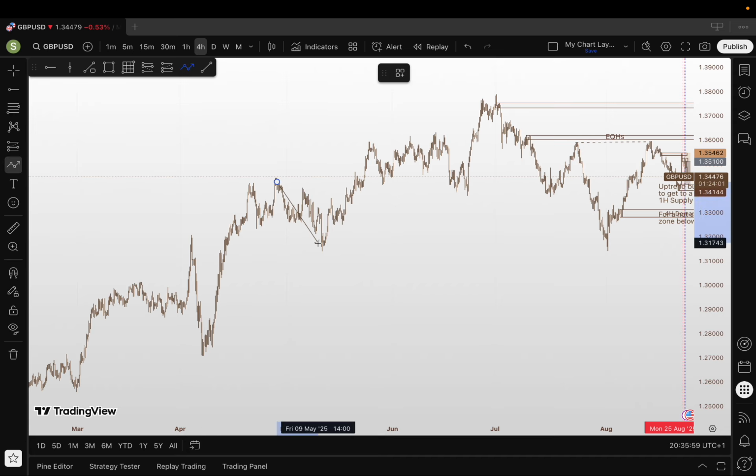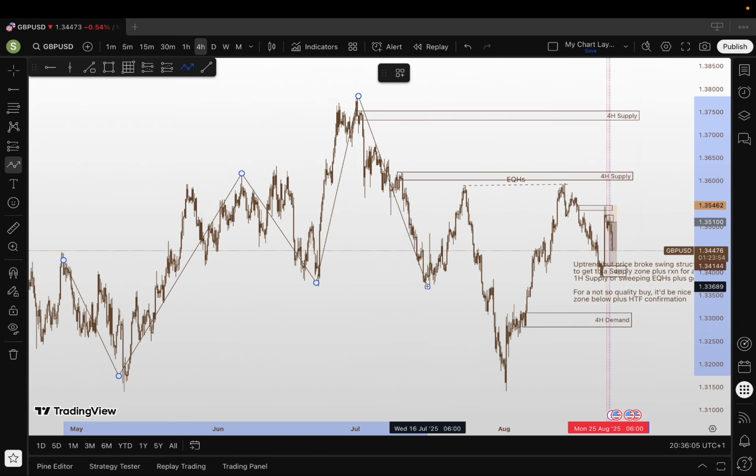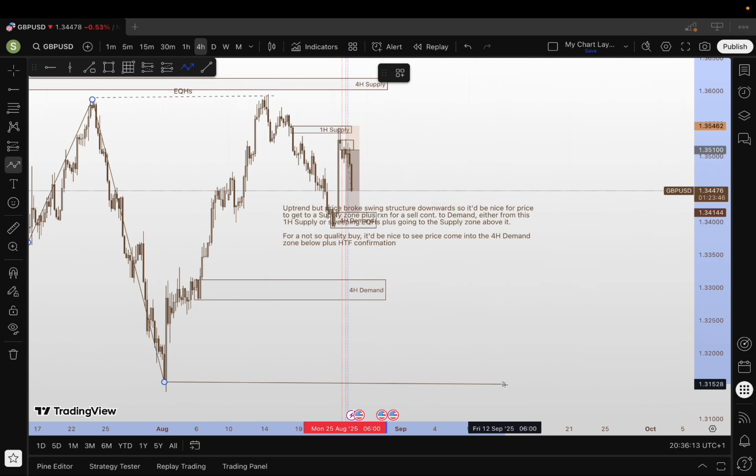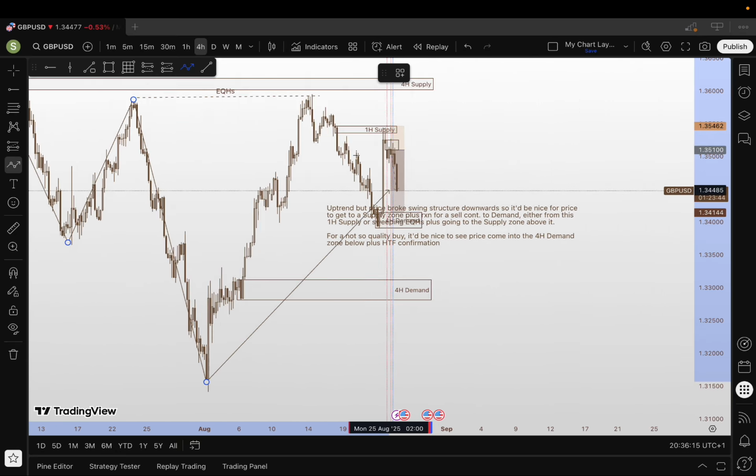There's a high, a low, high, low. I think it came here and then it made a lower low. It would have been nice if price came here though.